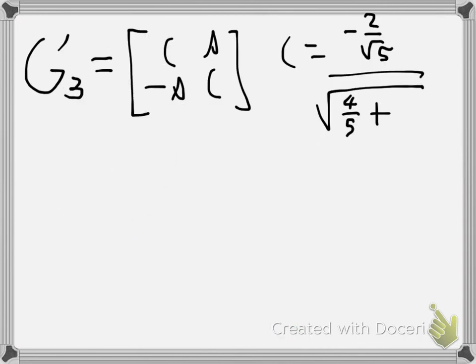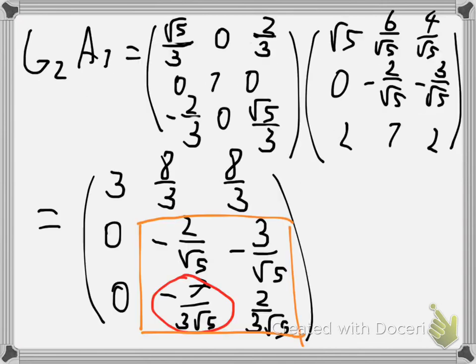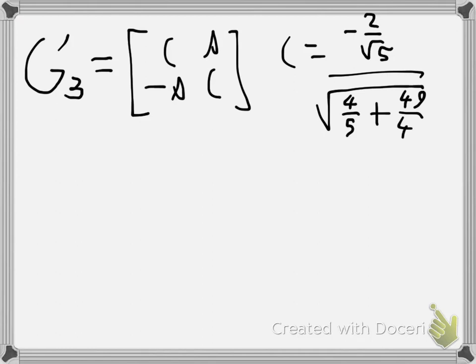So this will be 49 over 9 times 5, which is 45, I think. I hope I did no mistake. I think it's good. And so we can rearrange that a bit. We can multiply by 9 over 9.